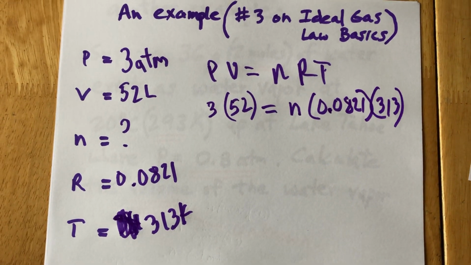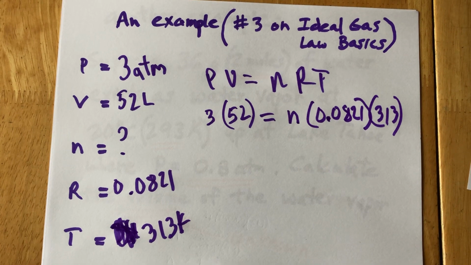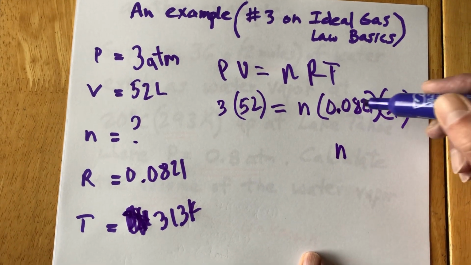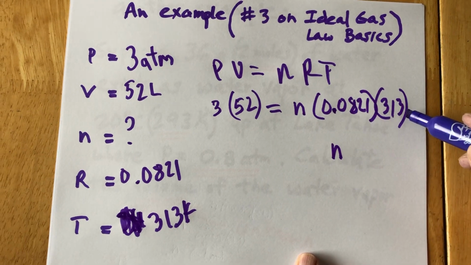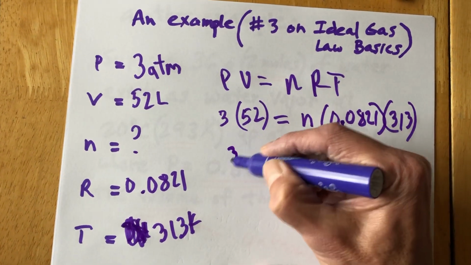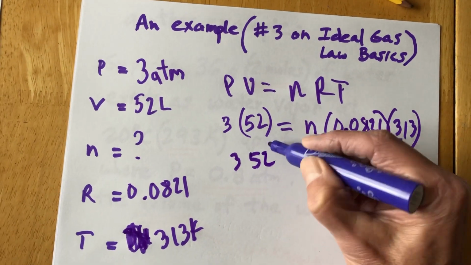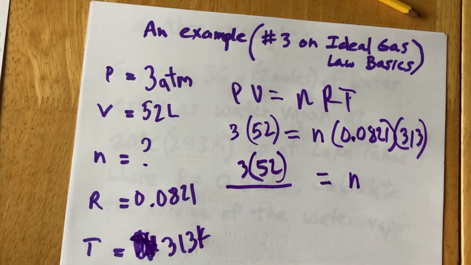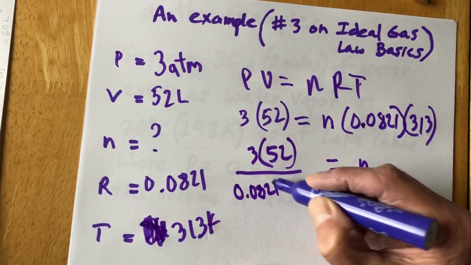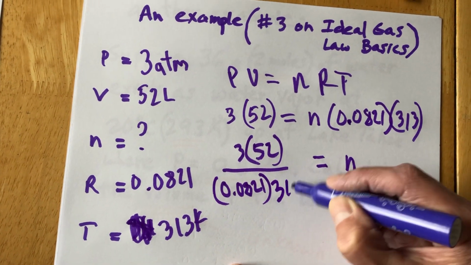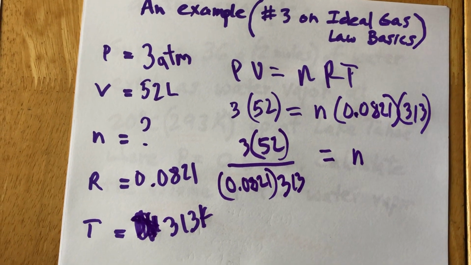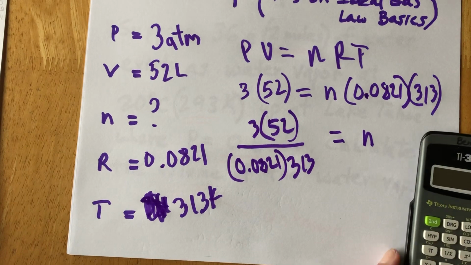Now we just need to isolate n. To get n by itself, you divide both sides by these two numbers, and you end up with 3 times 52 on this side, and 0.0821 and 313 on the other.